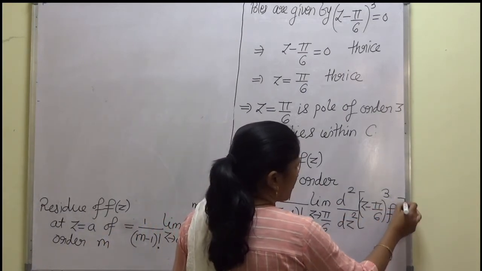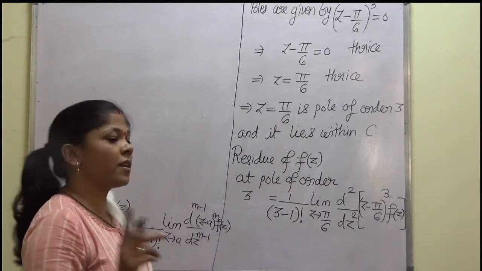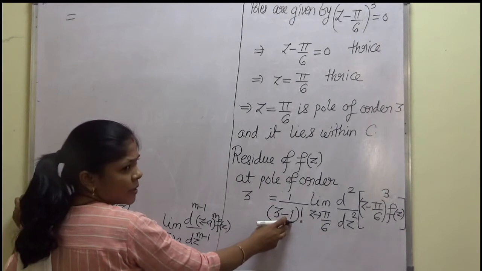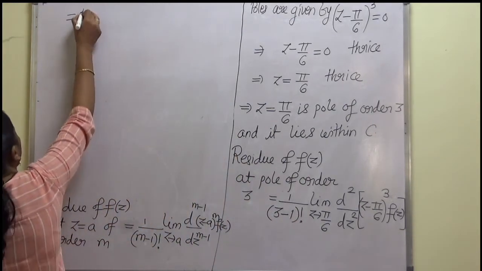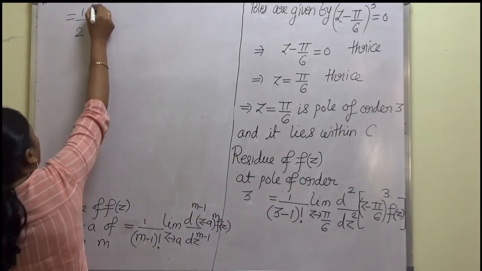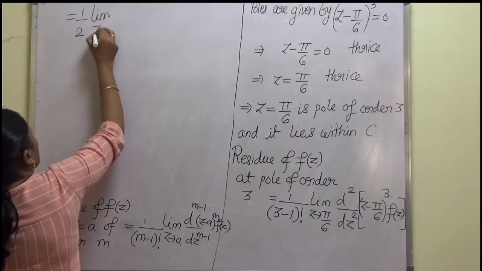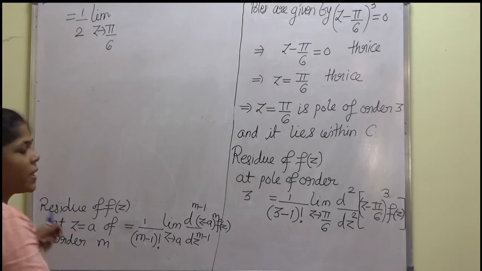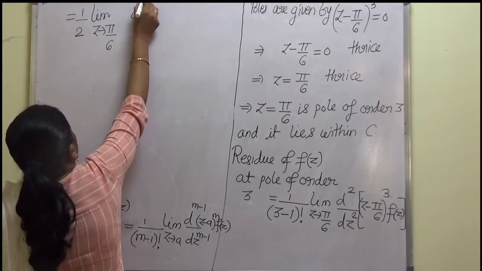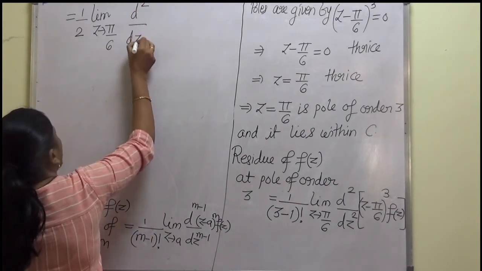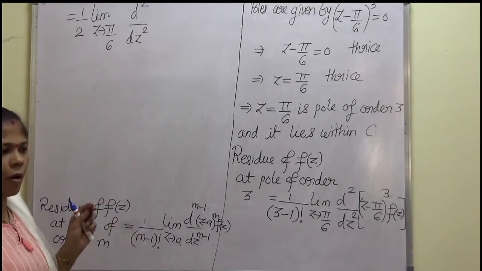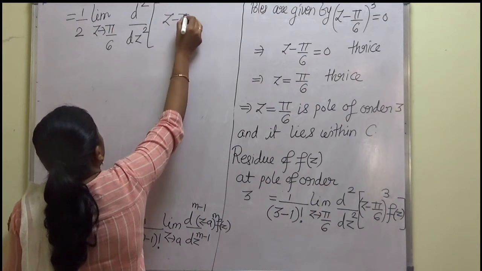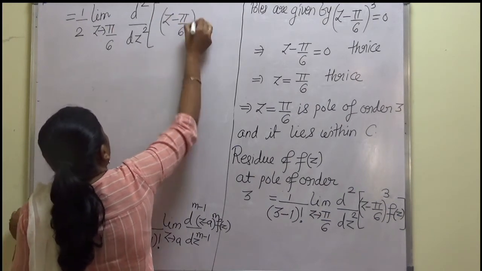Remember, f of z is the given integrand. So this is equal to, simplifying, 2 factorial is 2, so 1 by 2, then limit z tends to pi by 6, then the second order derivative with respect to z of, substituting f of z, z minus pi by 6 whole cube.